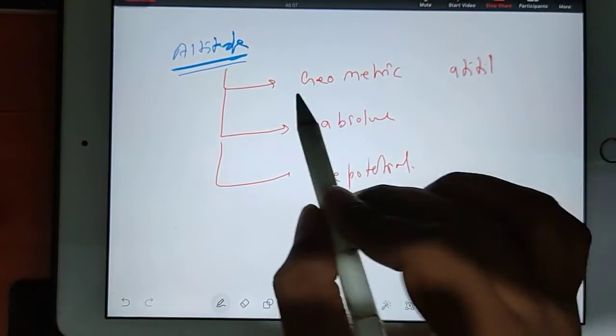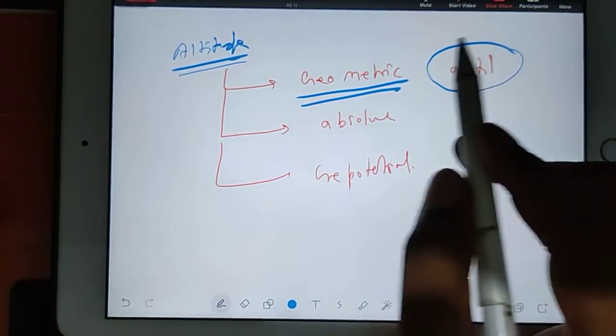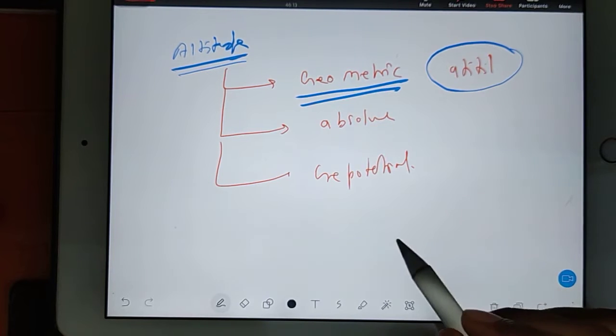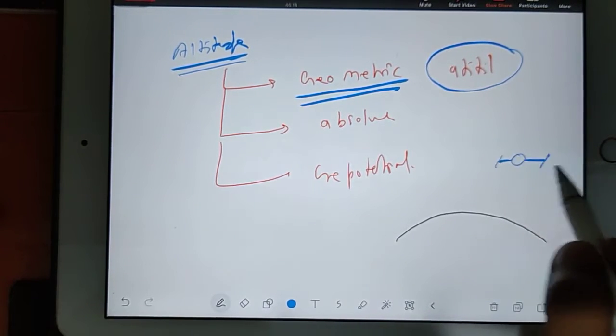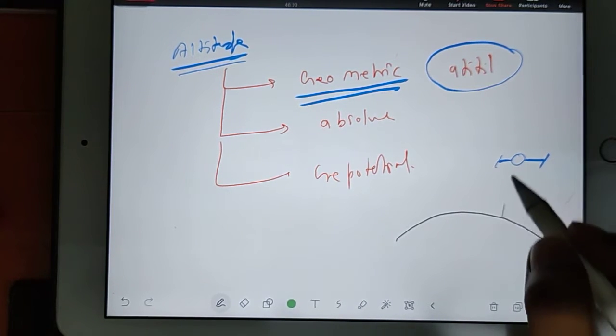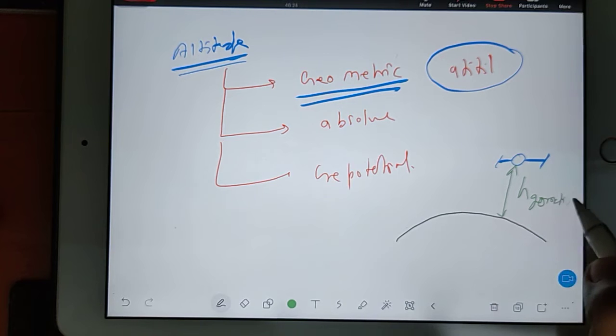So geometric altitude is the altitude measured from the surface. Suppose this is the Earth surface, and suppose here you have a satellite. So from the Earth surface, what is the altitude? That will be geometric altitude.